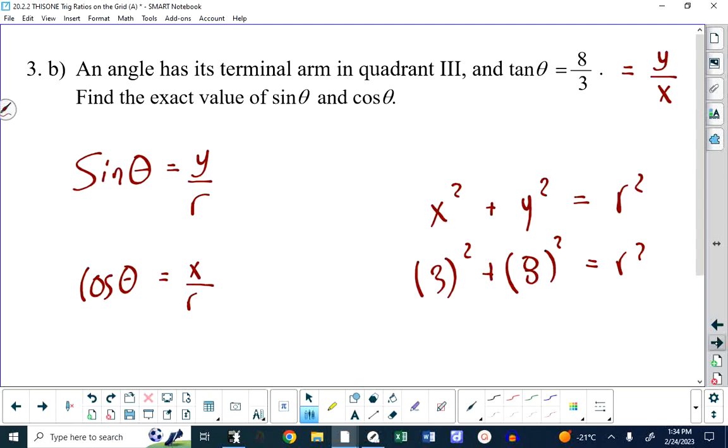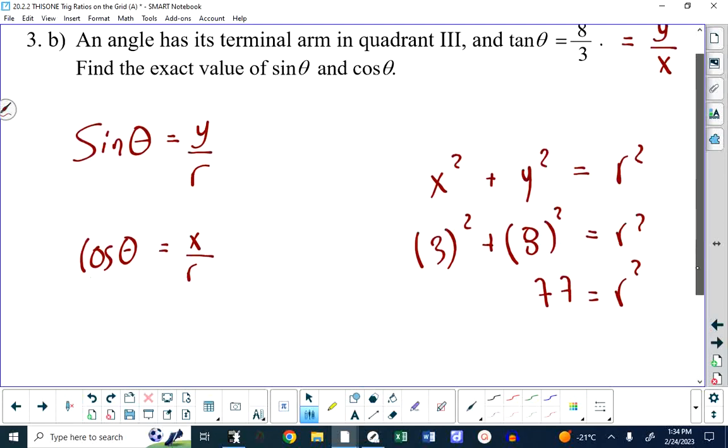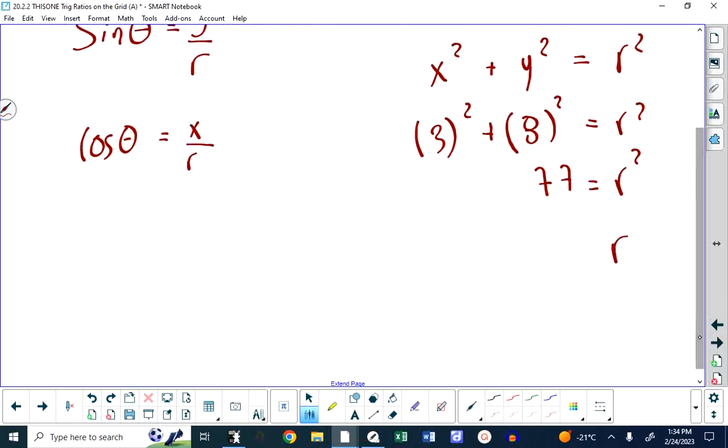73. So r squared is equal to 73, that means r is equal to the square root of 73. Hang on. Why didn't I write plus or minus?